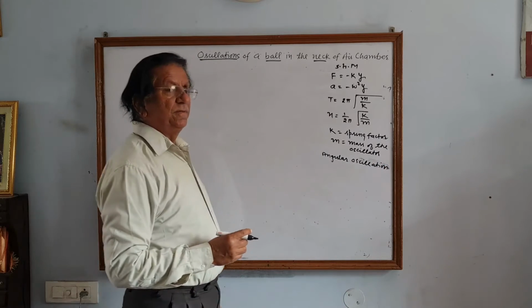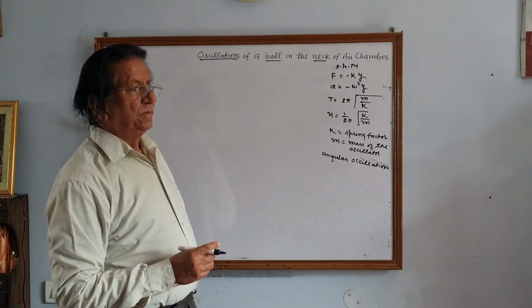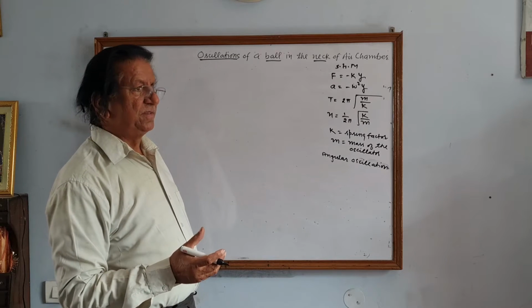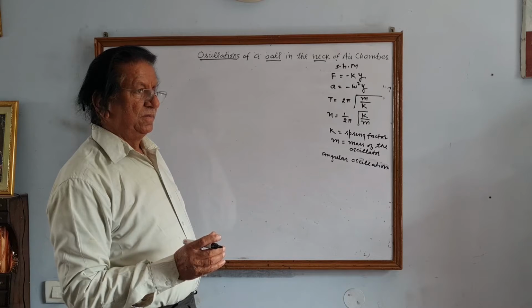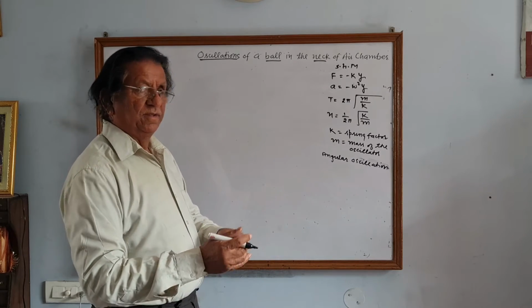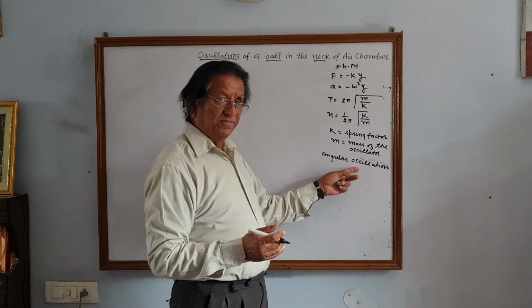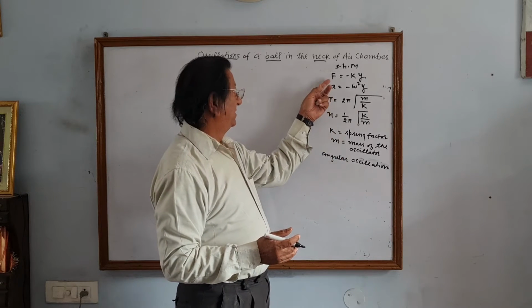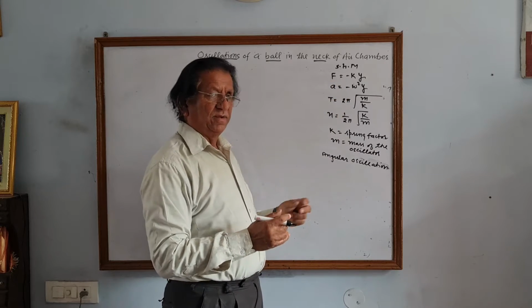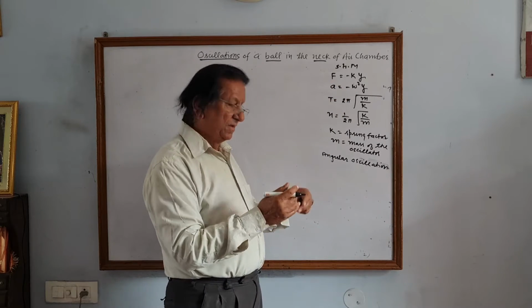Angular oscillation, you have an example of balance wheel. In case of a watch, there is a balance wheel that is made to oscillate, and there is an angular displacement, and there is a torque which is responsible for angular acceleration and angular oscillation. Okay.